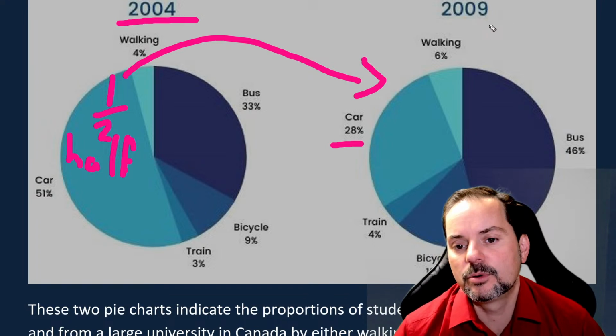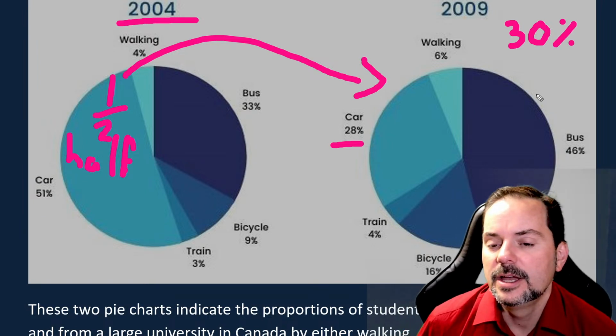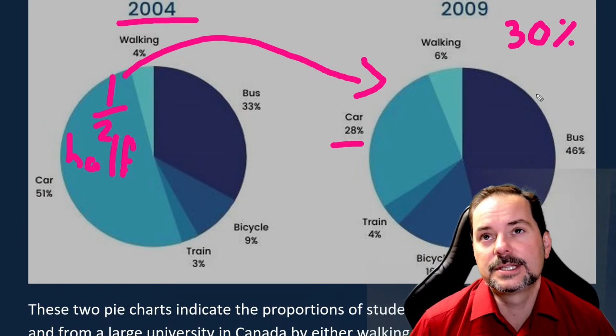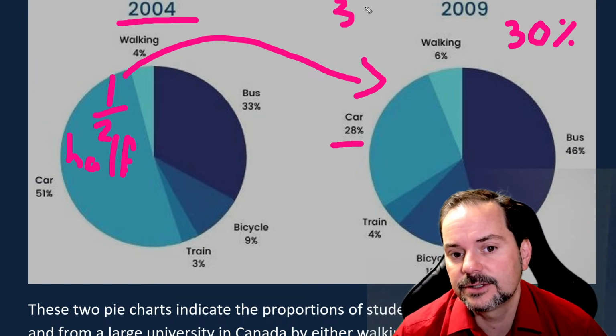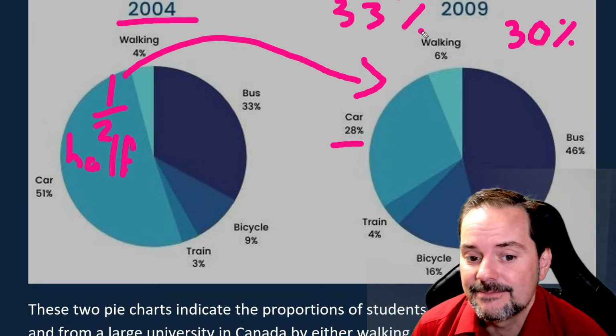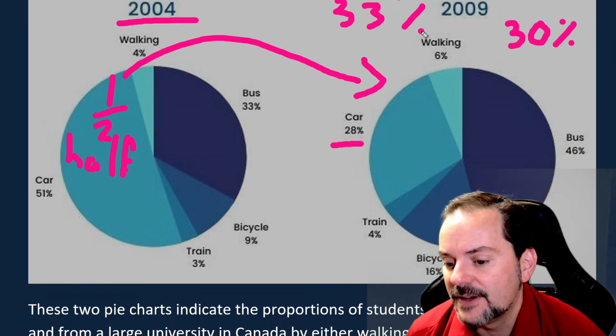For me to report a third, it would have to be at least 30%. Okay, if it reaches 30%, I would say close to a third. A third is actually 33%, right?